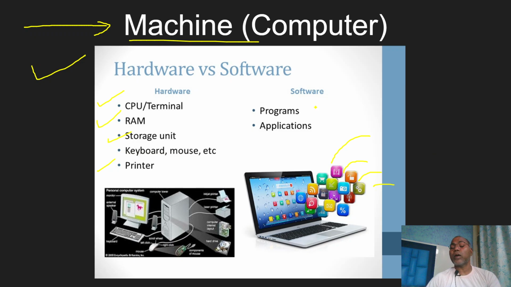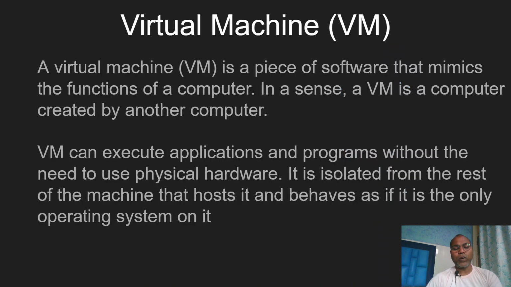So lots of hardware required, lots of software required, lots of operating systems required. So we can customize, we can think in some different way. So another concept came, the virtual machine. This is the one physical machine, but there is a concept of a virtual machine.